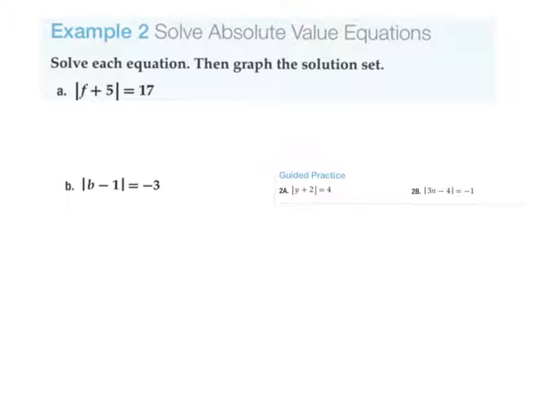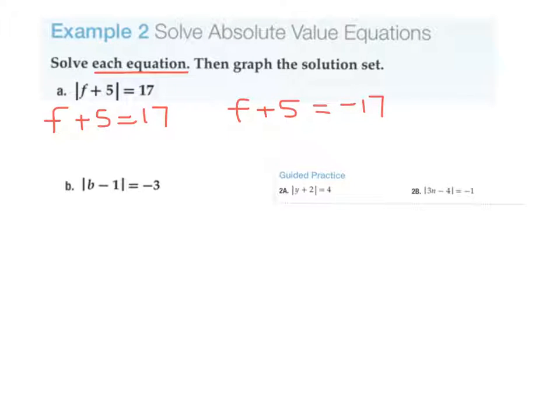So when we're doing this problem, we want to solve the equation. Our problem is absolute value. You actually have two answers because there's two distances from 0. So we're going to write this exactly like you see it without the absolute value sign. And then you're going to write a second equation where on the right side of the equal sign we change it to its opposite sign. It becomes a negative 17.